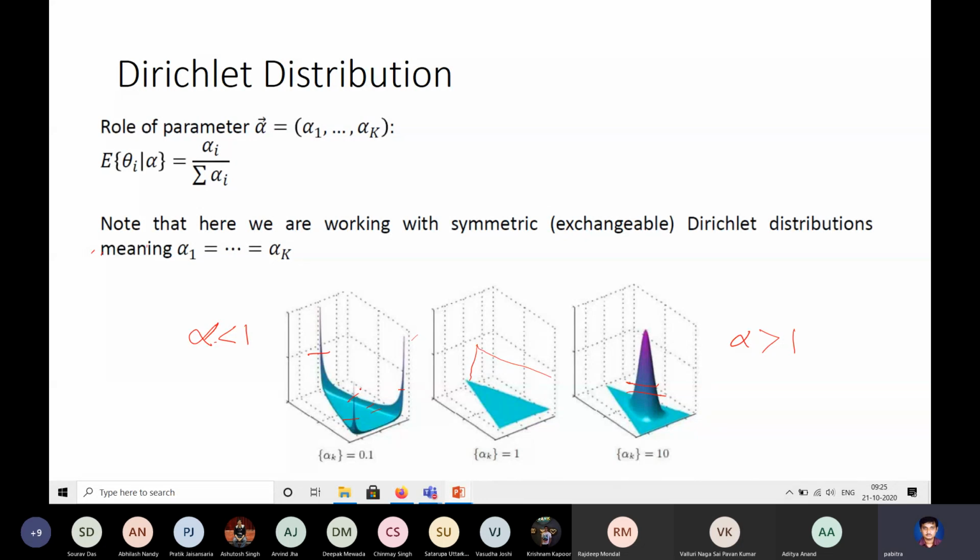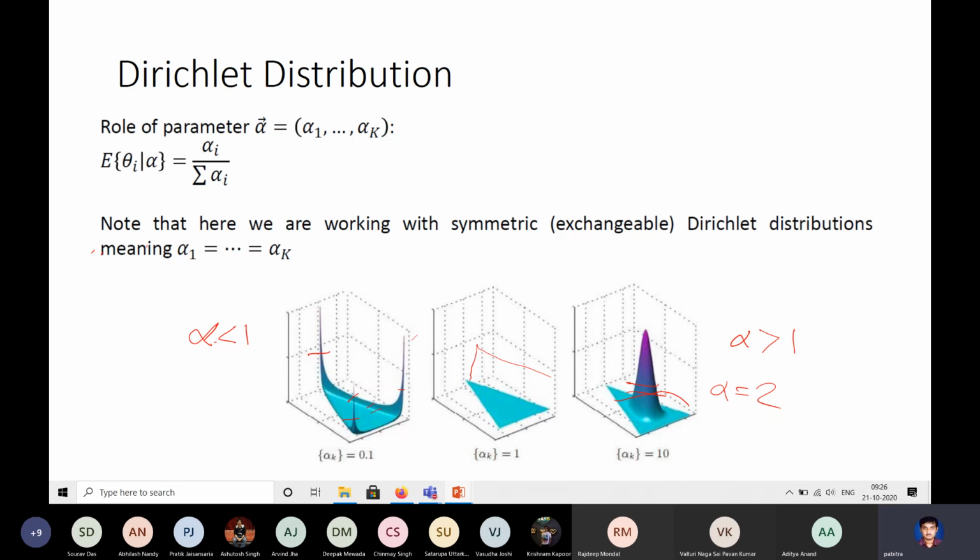If alpha is greater than 1, the more the value of alpha, the more it peaks. And the less it is, the more flat it is. So this would be for alpha equal to 2.